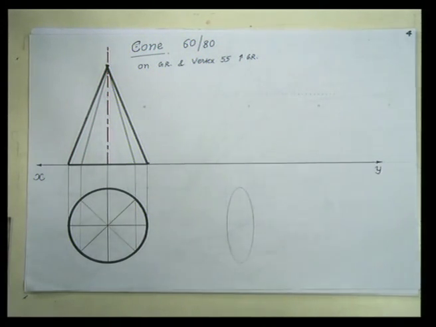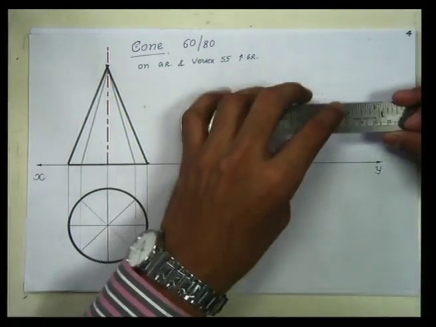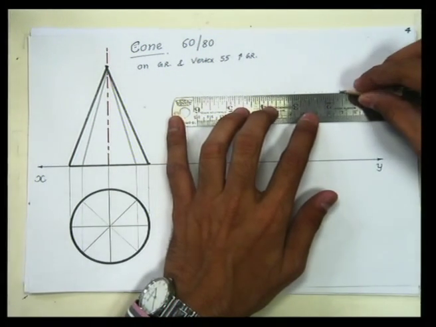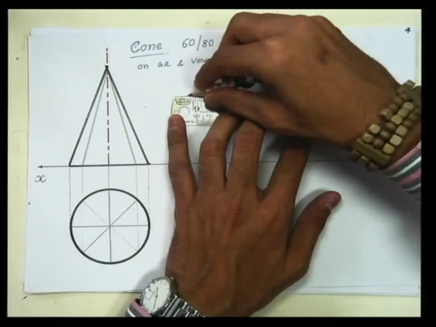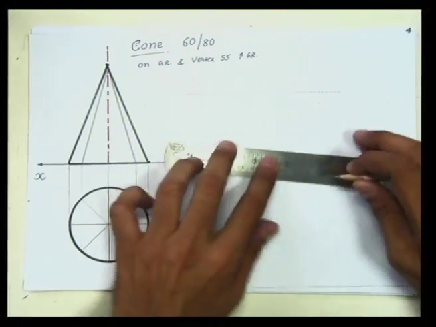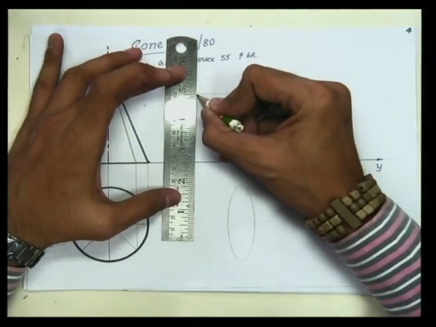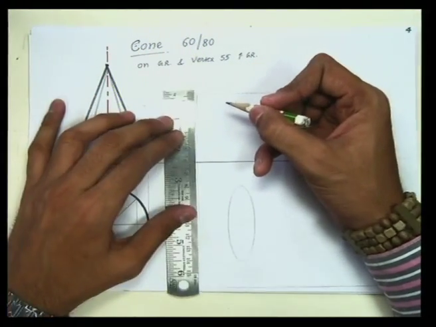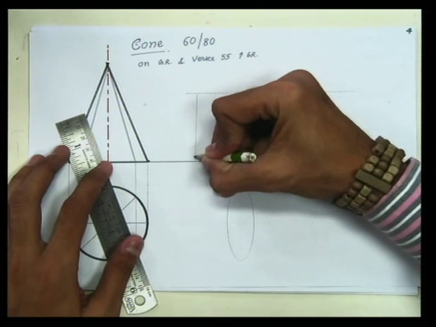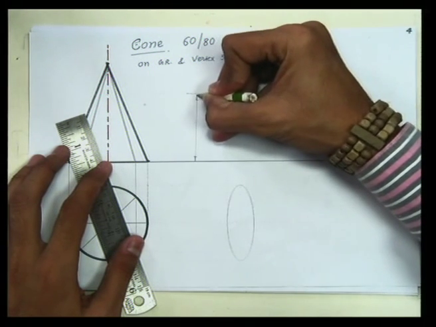For that, let me draw a line which is at a distance of 55 mm above this XY line. That would be somewhere here, right? This height is say 55 mm. You measure this height, it's 55 mm, like this.